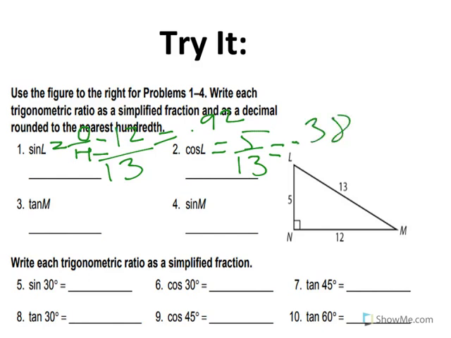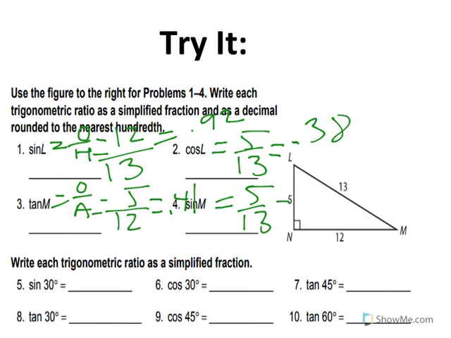And tangent of angle M, so tangent is opposite over adjacent, so 5 over 12, 0.41, and sine of M is opposite over hypotenuse, so 5 over 13. This gives us 0.38.